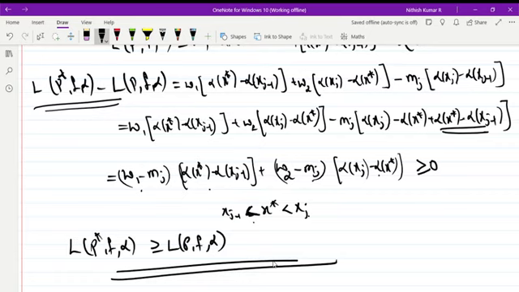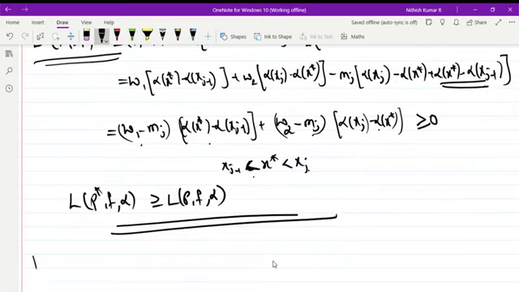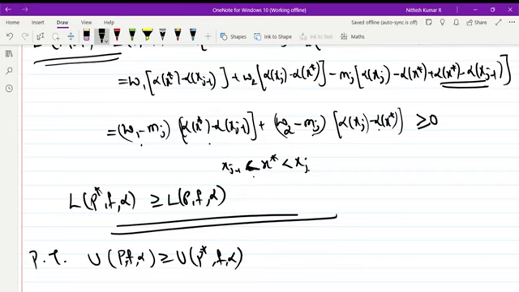Hence the result. Similarly, prove that U P f alpha is greater than or equal to U P star f alpha.